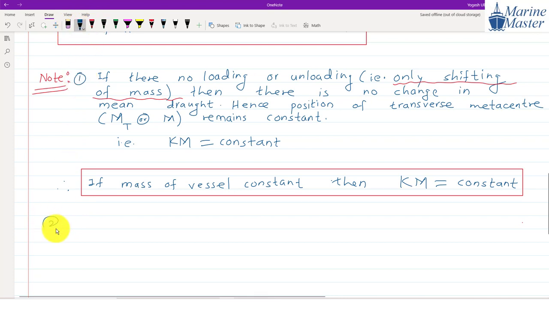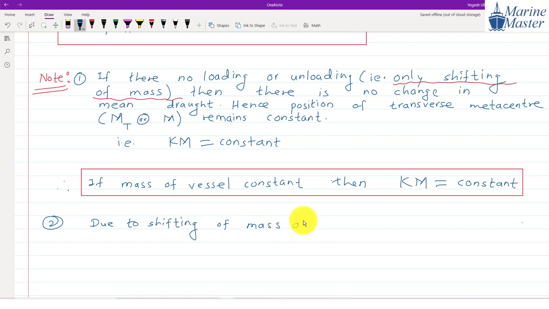And the second point: due to shifting of mass alone, there can be change in KG.